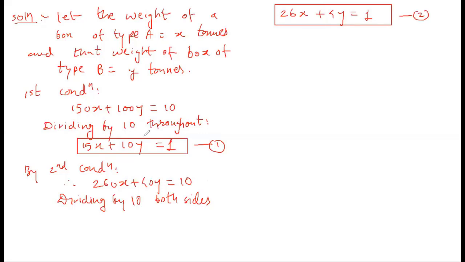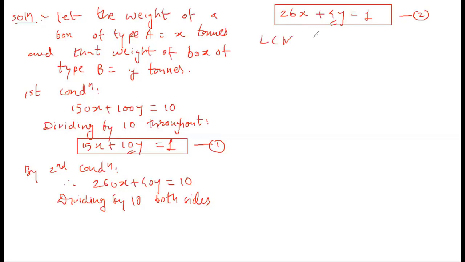Now we are going to solve these equations simultaneously. For that, you can see the coefficient of y is 10 in equation 1 and the coefficient of y is 4 in equation 2.